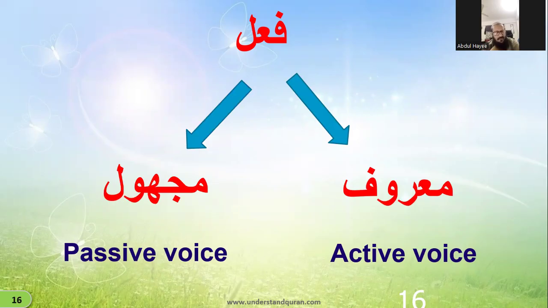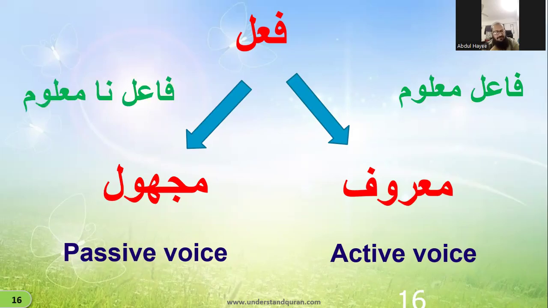In ma'ruf, the doer, the fa'il, is known. In case of majhul, the fa'il is not known. It will be considered as a na'ib fa'il, a fa'il coming in place. So that is the difference between both categories, ma'ruf and majhul. In ma'ruf, we know the fa'il, who has done the job, or who is doing the job, or who will do the job. But in majhul, we never know who will do the job or who has done the job.